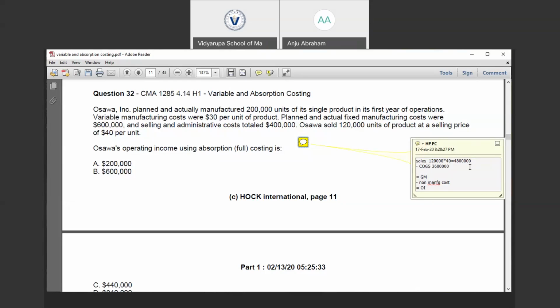Fixed manufacturing overhead was 600,000 for the 200,000 units, so 600,000 divided by 200,000 gives 3 as the per unit fixed manufacturing cost. 3 into 120,000 equals 360,000. So 3,600,000 plus 360,000 total would be 3,960,000. Subtracting this from 4,800,000, we get 840,000 as the gross margin.